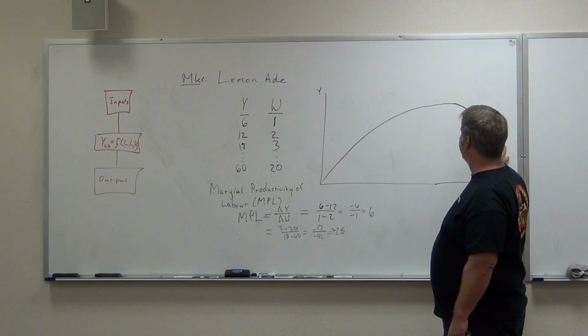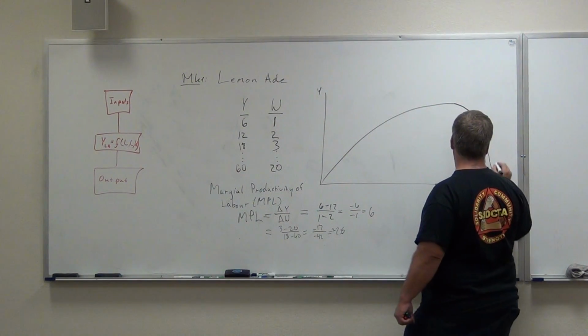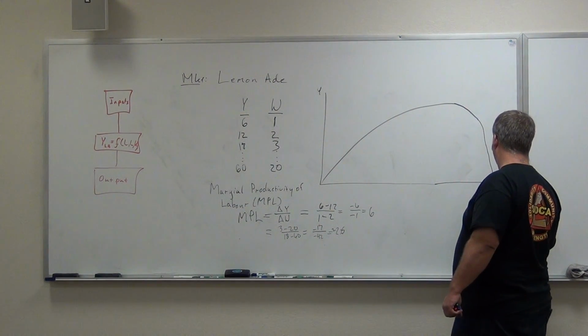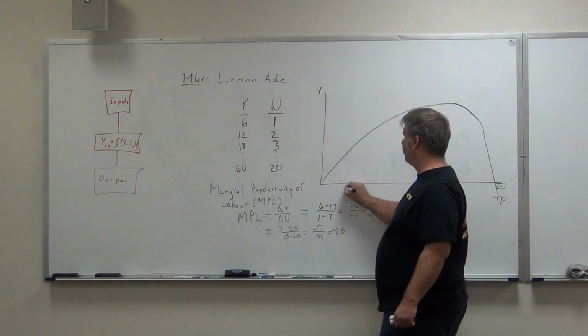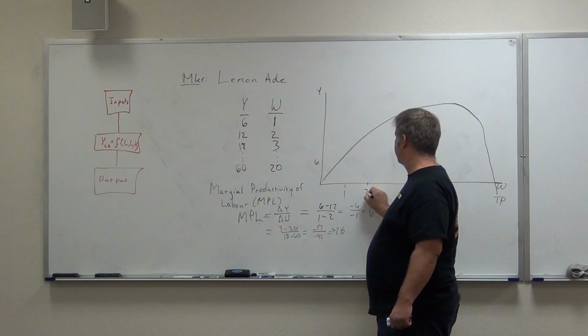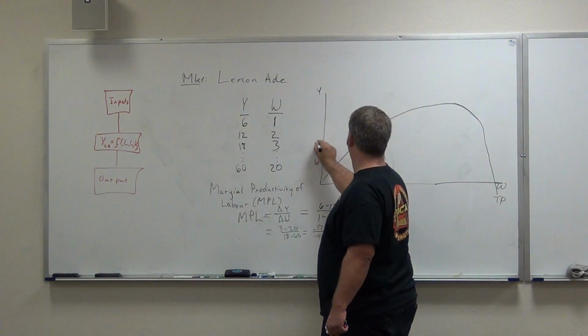So what I've graphed right here is the total production curve. So total production says, look, for one worker, we get 6. For 2 workers, we get 12.